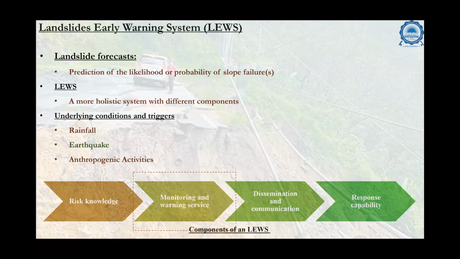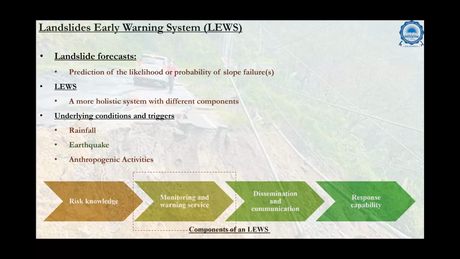So the first stage is forecasting, where we predict the likelihood or probability of failure of a slope, and then the landslide early warning system should be a more holistic system where we take a lot of components, which I'll be explaining in this presentation.